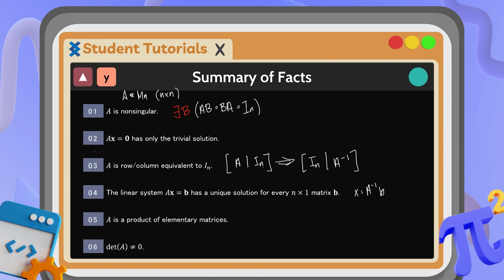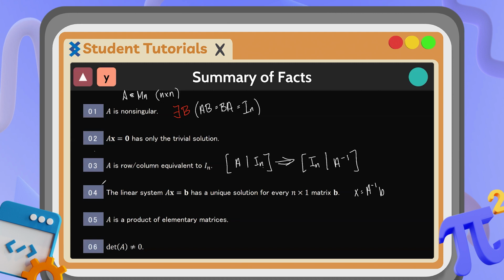And because we're able to transform A to an inverse matrix, A is a product of elementary matrices, wherein you multiply different matrices which have elementary row operations applied to each, such that when you multiply them all together, it will give you the matrix A.